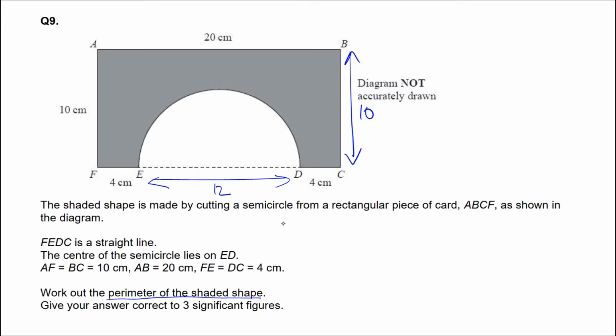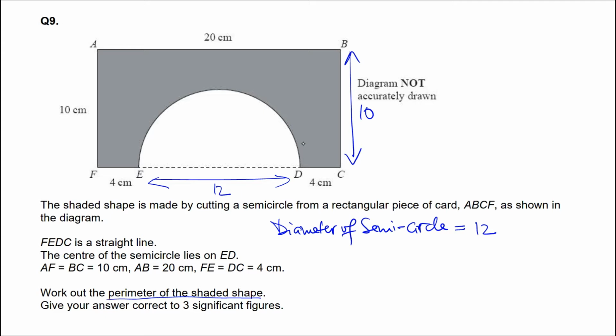So here we can already see that the diameter of the semicircle is 12. What you're interested in here is the distance from here to here, which we can call the circumference of the semicircle.